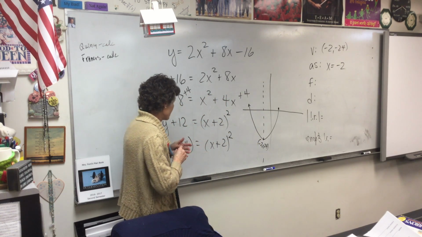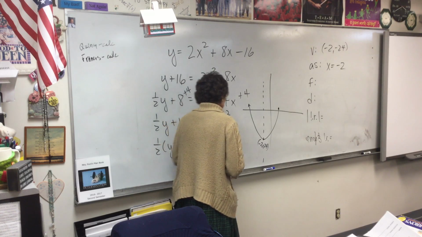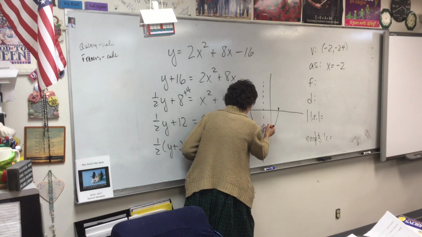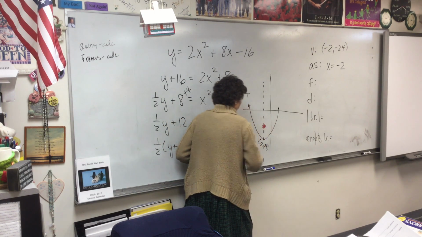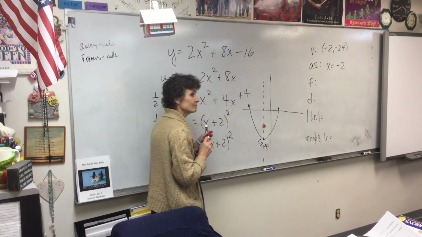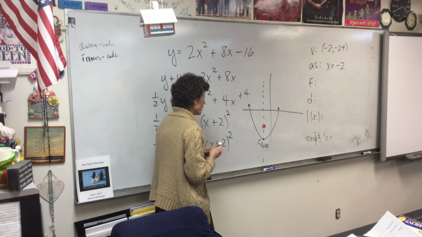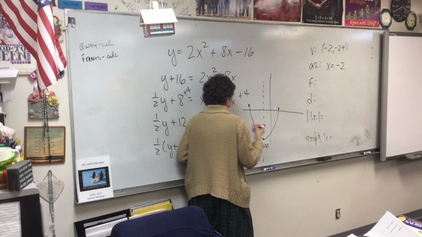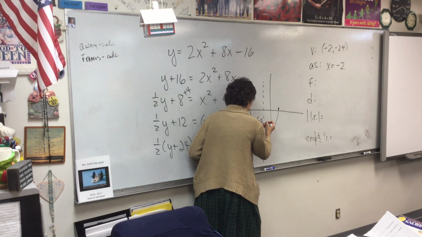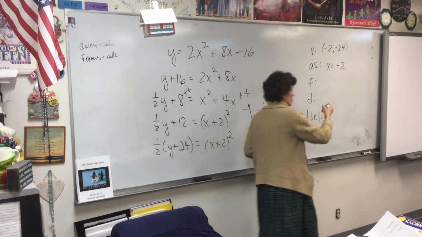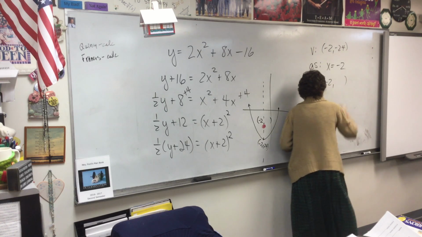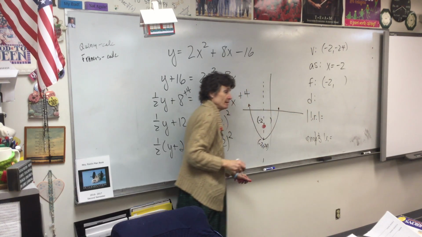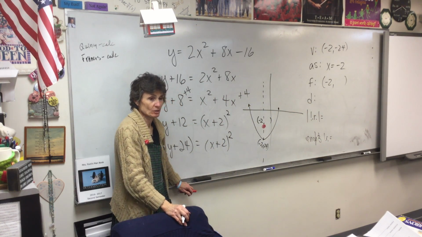Alright, now I need to put my focus in there. It's going to be in here somewhere, right? What do I know about that point? 4p equals 1/2. Well, first of all, I know that my x-coordinate is -2, right? Let's get that half credit before we start messing around with fractions.